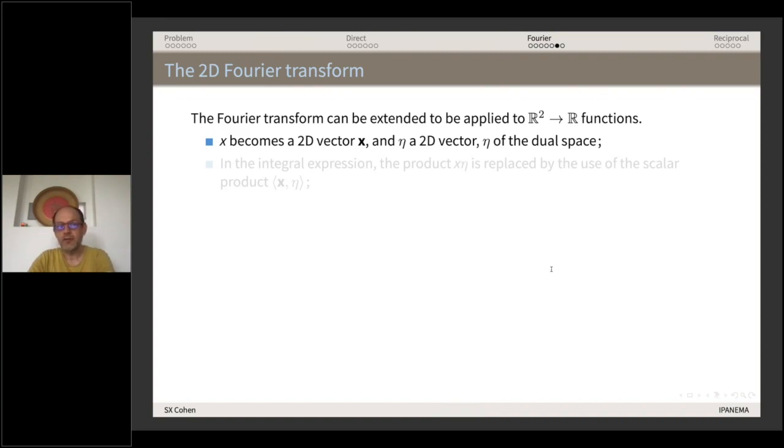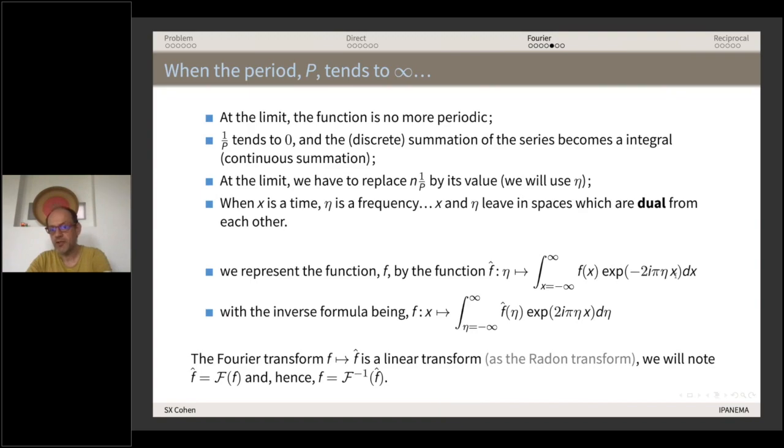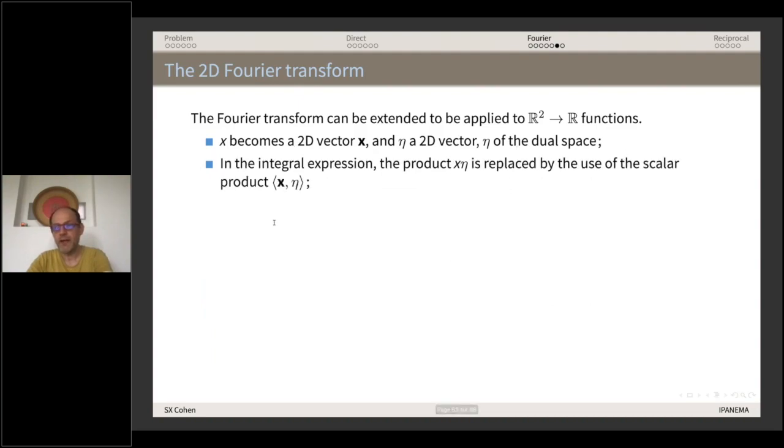And indeed, the reason I can do an extension is because basically what we see here is that the only place where I have x and eta having a real importance is in the exponential, and this is a product of eta and x. Okay, so I can replace this product by a scalar product.